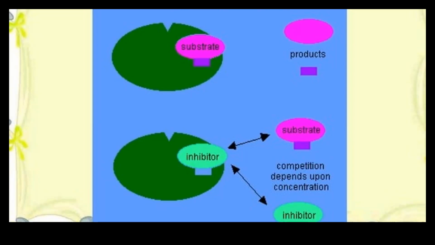If the drug is structurally similar and competes with the normal substrate for the catalytic binding site of the enzyme so that the product is not formed or a non-functional product is formed, and a new equilibrium is achieved in the presence of the drug, such an inhibitor increases the Km but Vmax remains unchanged.